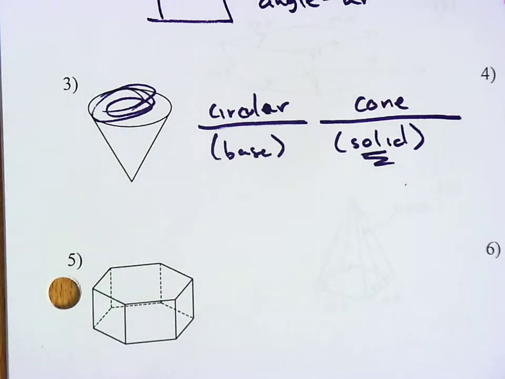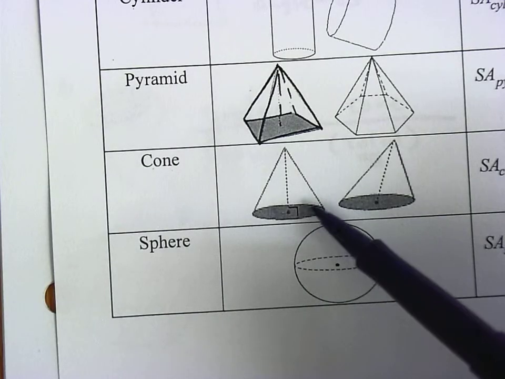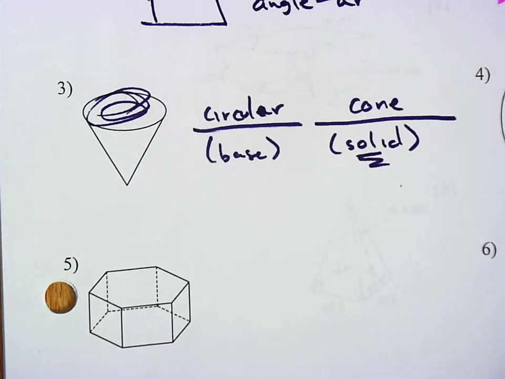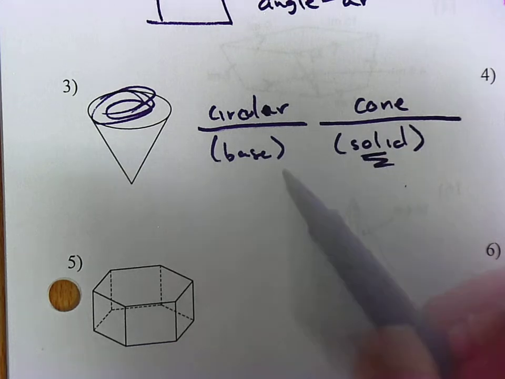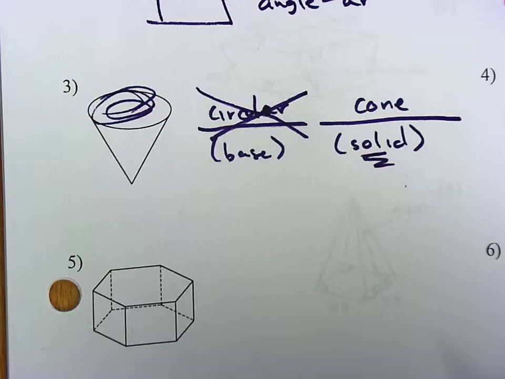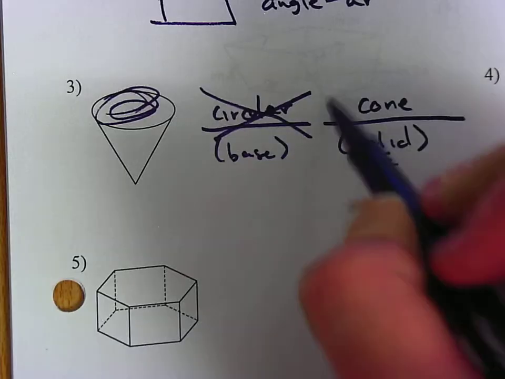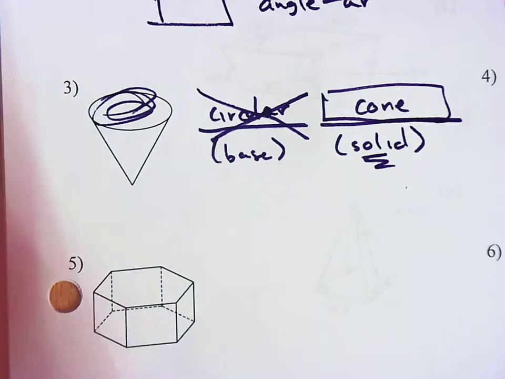We know it's a cone because it looks like a cone, or we could even just look on our cheat sheet here and see that it looks exactly like that. It's a cone. Now, for a cone, the base is always a circle, so we don't even write that anymore. We just write cone.